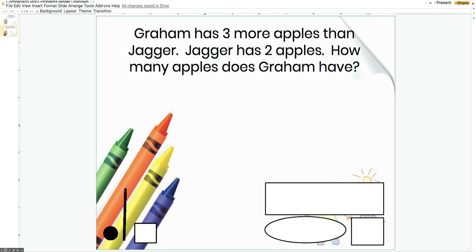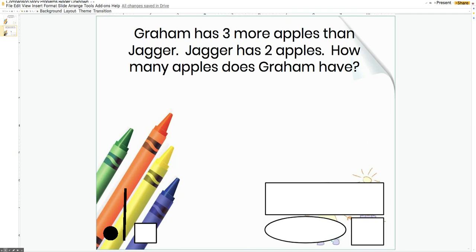Jagger has 2 apples. What do we know about Jagger's apples? That he has 2 of them, right? How many apples does Graham have then? If Jagger has 2 and Graham has 3 more than Jagger, how many does Graham have?